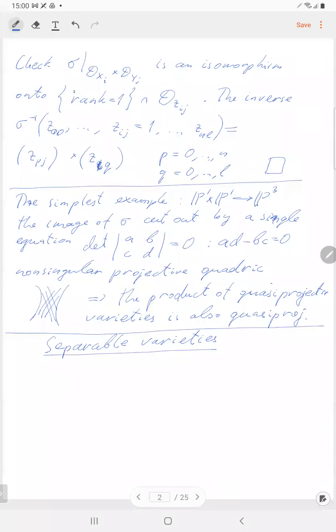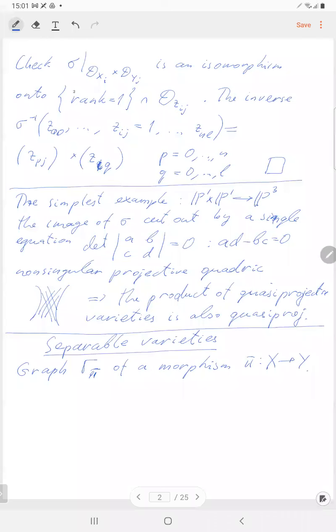So first of all, let's define the graphs of morphisms. Say gamma pi of a morphism of algebraic varieties pi from X to Y, and this gamma pi certainly lies in the product.